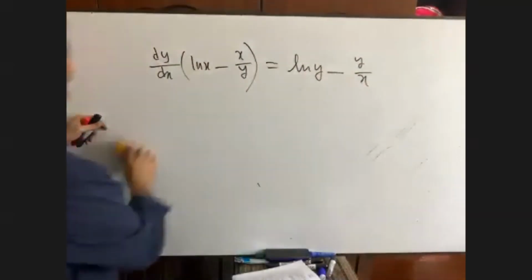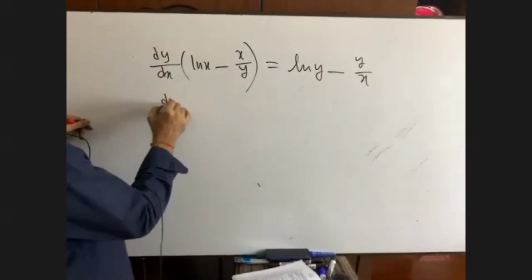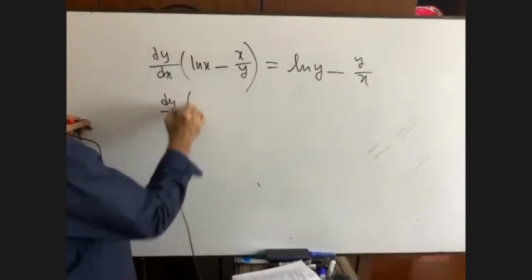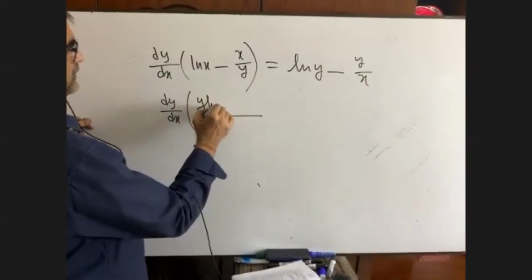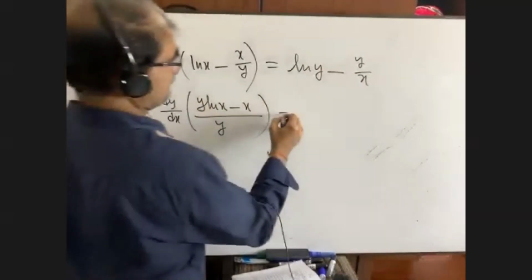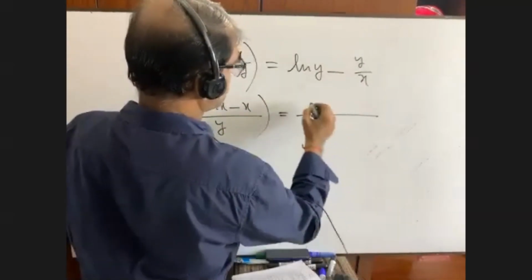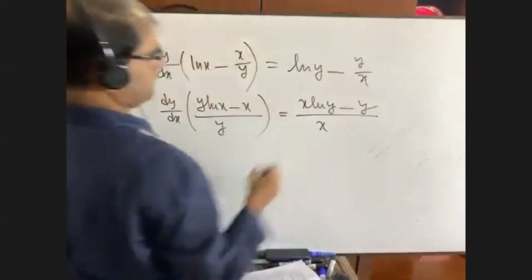Okay, that is dy by dx into y ln x minus x is equal to x ln y minus y.